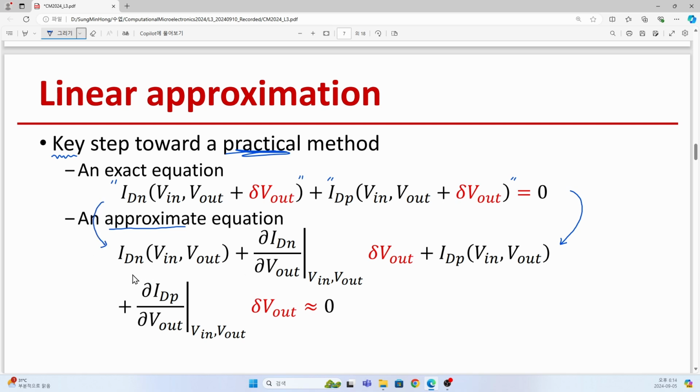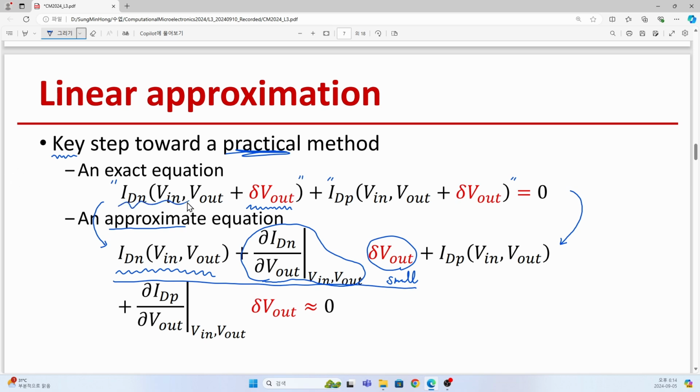The way is quite straightforward. So first take the current value, and under the assumption of smallness of this delta V out, this one is regarded as a small variation, then we can introduce this first order derivative and the sum of these two terms just gives us the first order Taylor expansion.